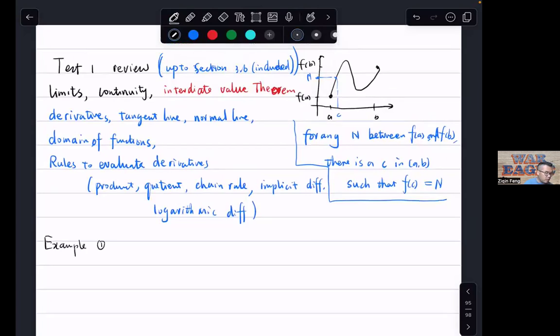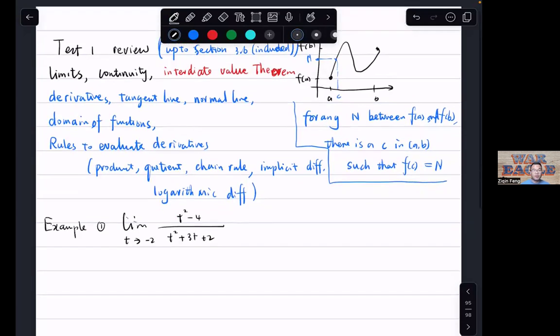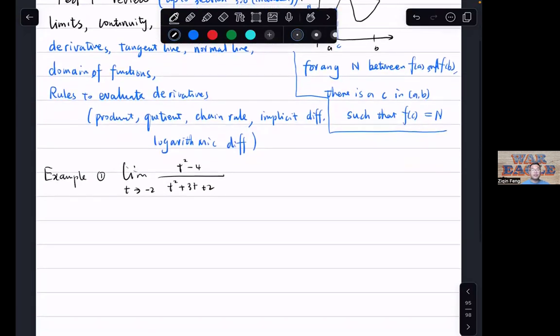First one, we are looking for the limit of a quotient as t goes to -2, of (t squared minus 4) over (t squared plus 3t plus 2), right? Now you can see that if you plug in -2, you get 0 over 0. This is an indeterminate type, 0 over 0, right? You want to cancel the zero factors, then plug in -2, right?